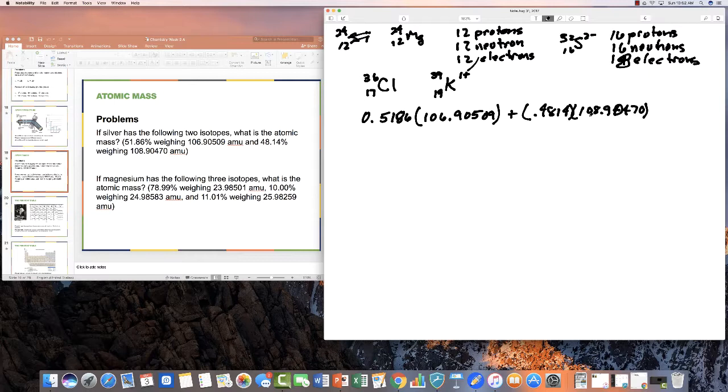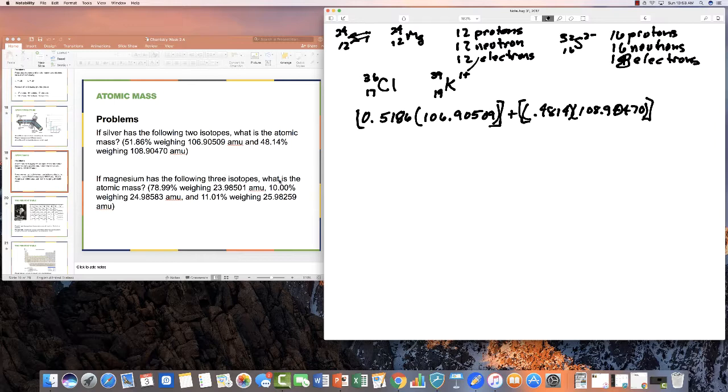Now make sure you know how to do this, because this sort of problem will be on a quiz. So you do this and you come up with an answer. Now I'm not going to do the calculator part here.